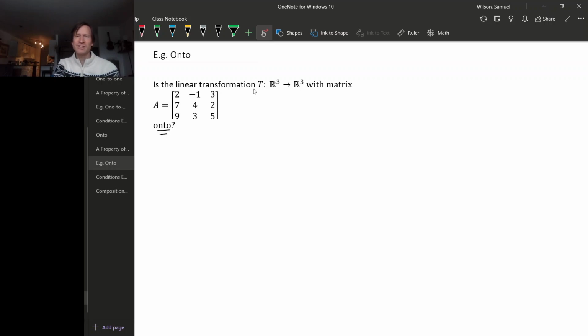Remember, onto is saying that for every possible vector we could put on the right-hand side, there's some vector that would produce W as its output. But T is multiplication by A, so what we're really saying here is A times V equals W always has a solution.